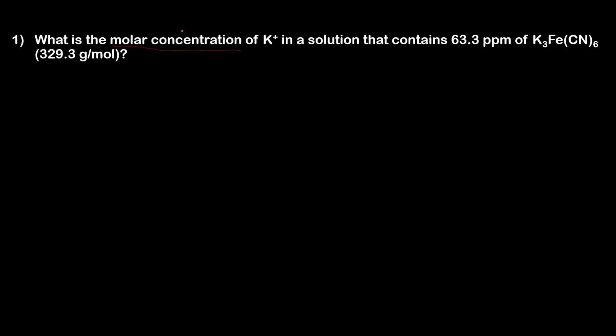So, molar concentration is simply molarity, right? Or mole per liter. Another thing here: we are asked for the concentration of K+, but we were given the concentration in ppm with a different chemical compound, which is K₃Fe(CN)₆.